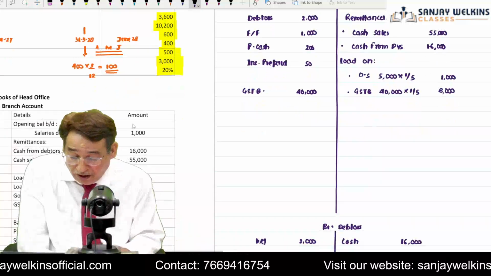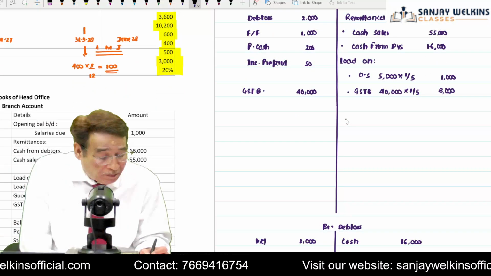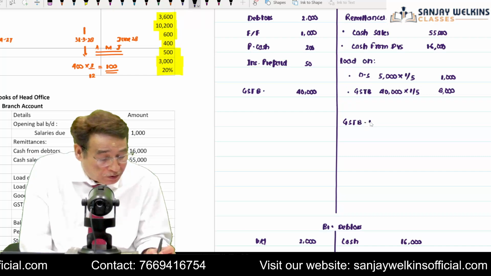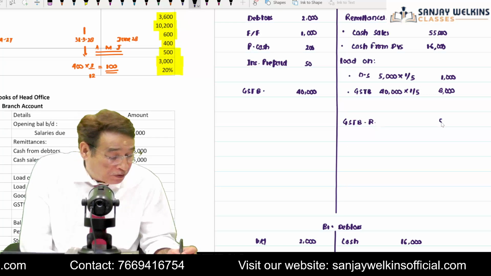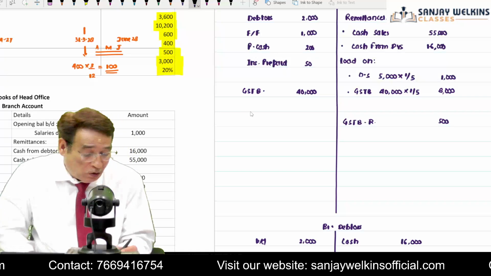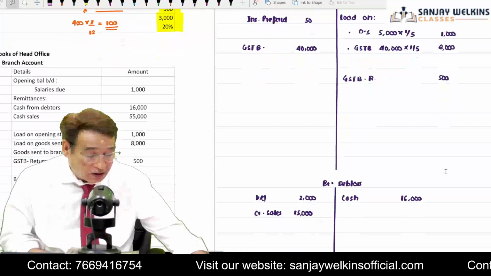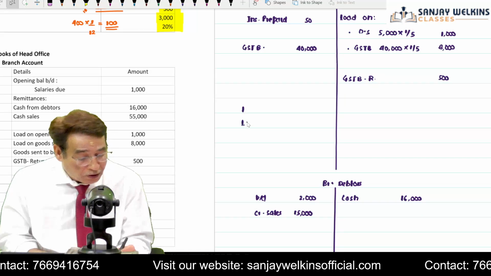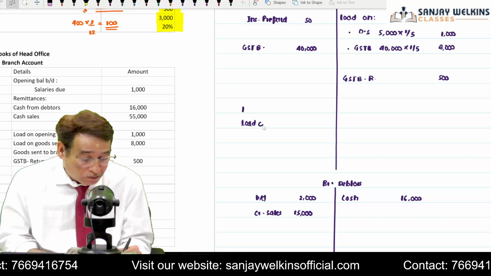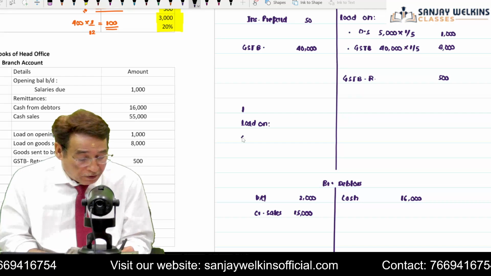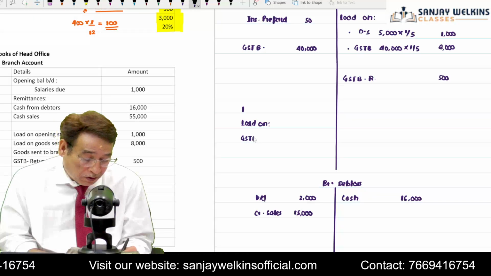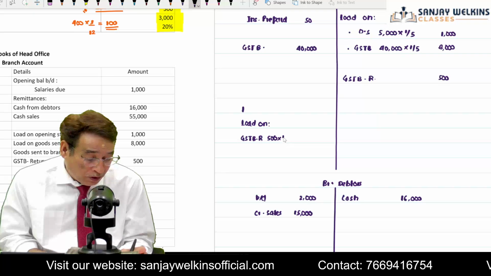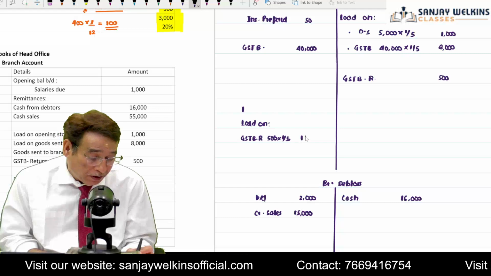Now the next item is goods returned by branch. When branch will return the goods to the head office, we will put it on the credit side by goods sent to branch account returns, and the amount happens to be 500, and its loading will also be done. So you will write over here loading on goods sent to branch returns, that is 500 into 1 by 5, that is equal to 100.